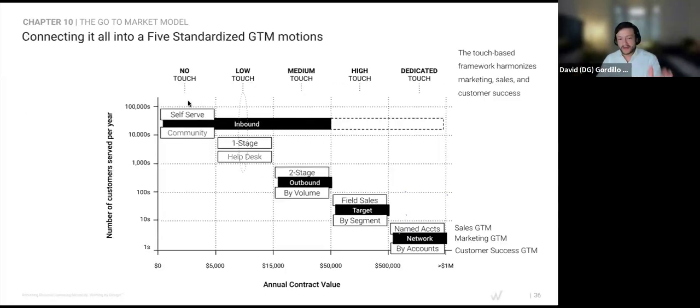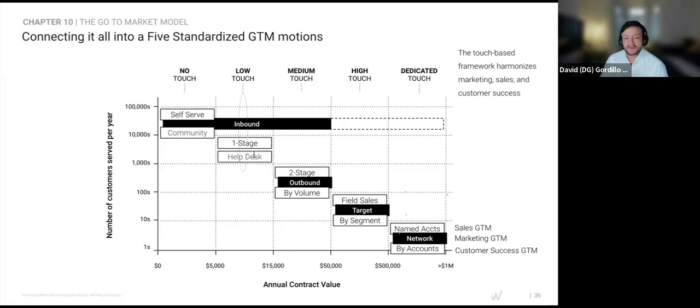So for instance, a no-touch go-to-market motion, meaning that there's no interactions from the buyer side with human beings, we tend to have self-serve sales, inbound marketing, and community customer success. If we go to the other side of the spectrum, which is dedicated touch, when we are expected to have a lot of human interactions with our customers, then we have named accounts, networking and marketing, and by accounts and customer success.